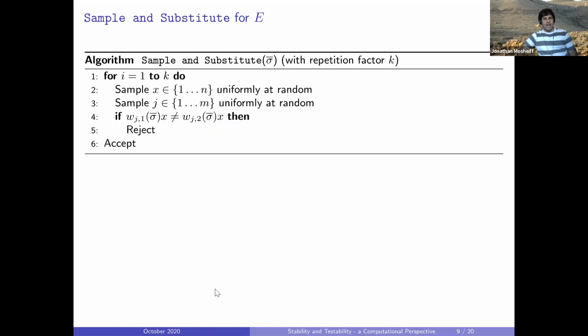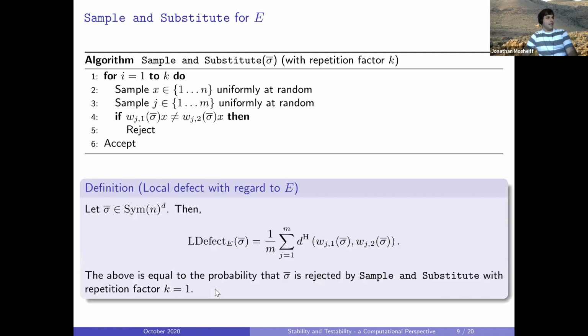And again, we have the natural sample and substitute algorithm. This algorithm with repetition factor k runs for k independent iterations. In each iteration, we sample some x at random. And because the system of equations might consist of many equations, I mean, for xy equals yx we only dealt with one equation, but in general we also sample one of the equations each iteration and test whether that specific equation is violated at that specific x. And we can also define the local defect.